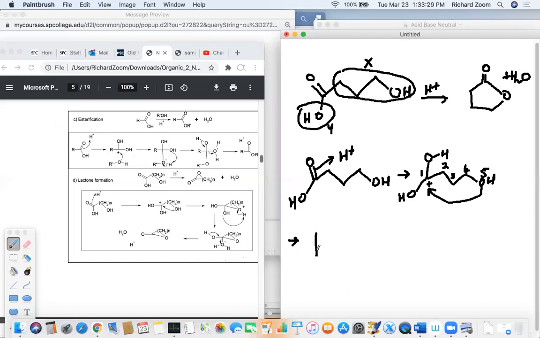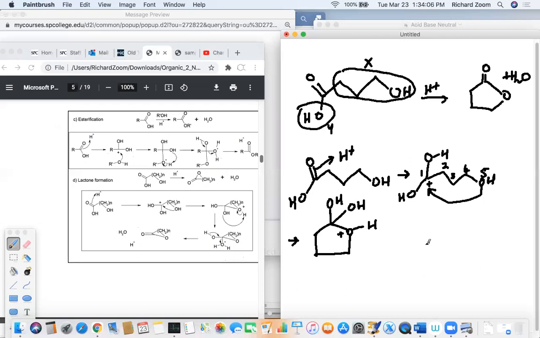So what we'd have here is, and that's really the hardest step right there, understanding exactly what's going on with that cyclization. I'm going to stop there for a second and see if anybody has any questions about what I've done there.